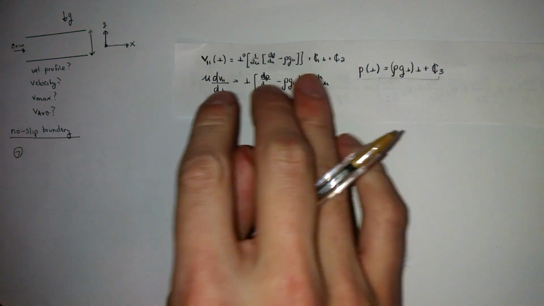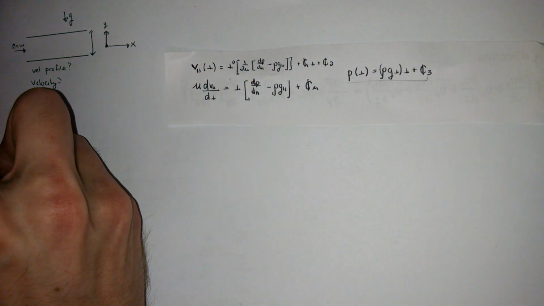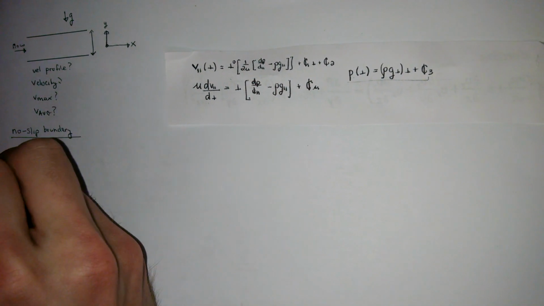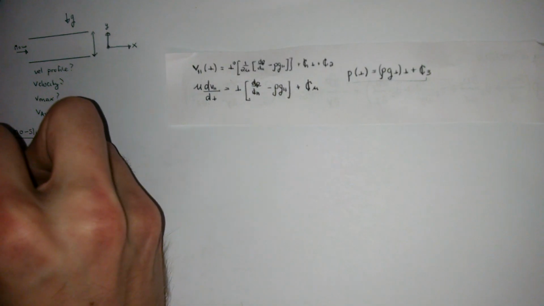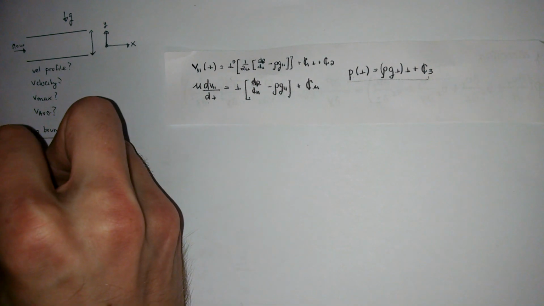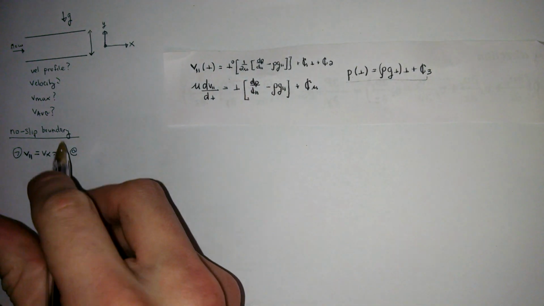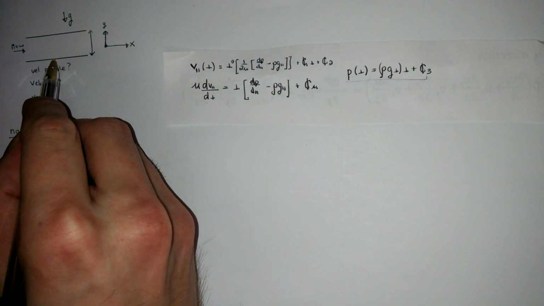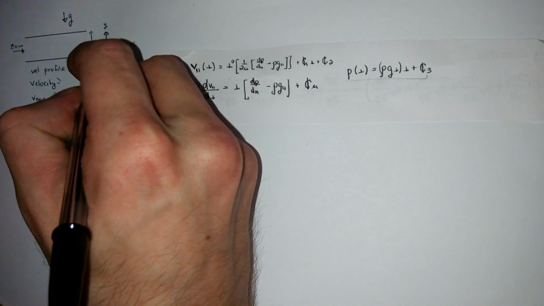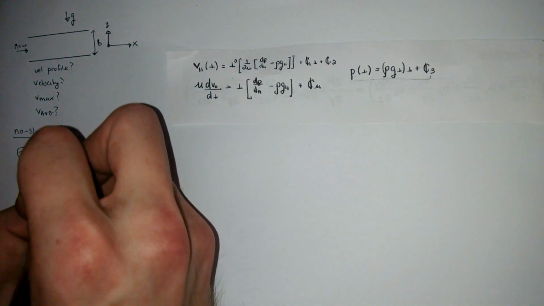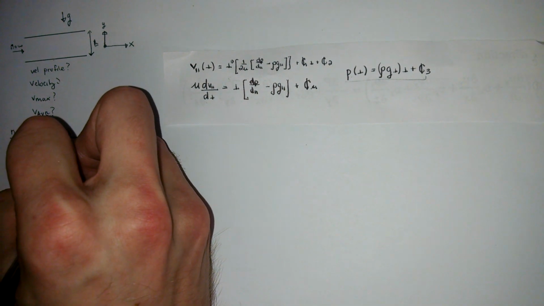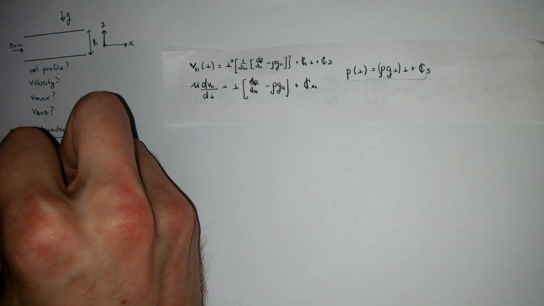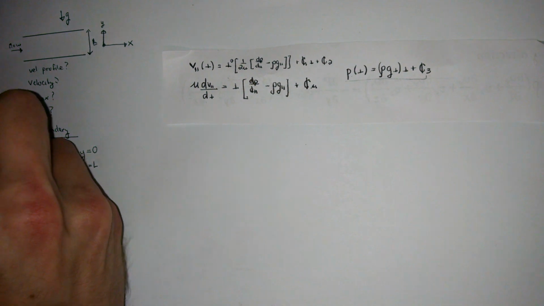So the velocity in the parallel direction, which is equal to Vx in this case, will be 0 when y equals 0 and y equals L. Because remember, y is going to be our perpendicular component, so at y equals 0 and at y equals L.